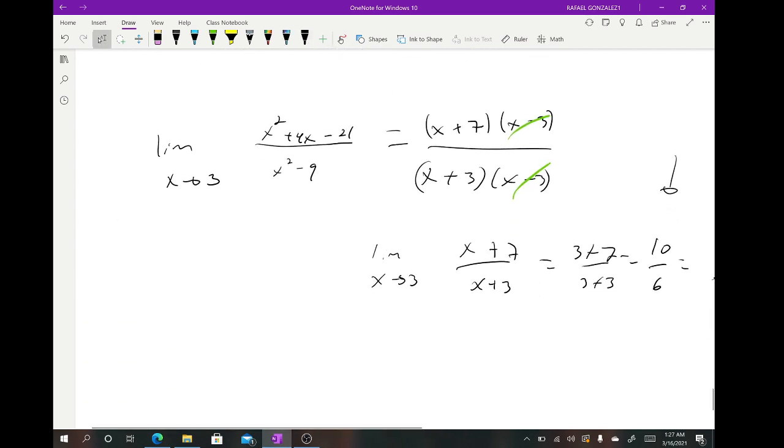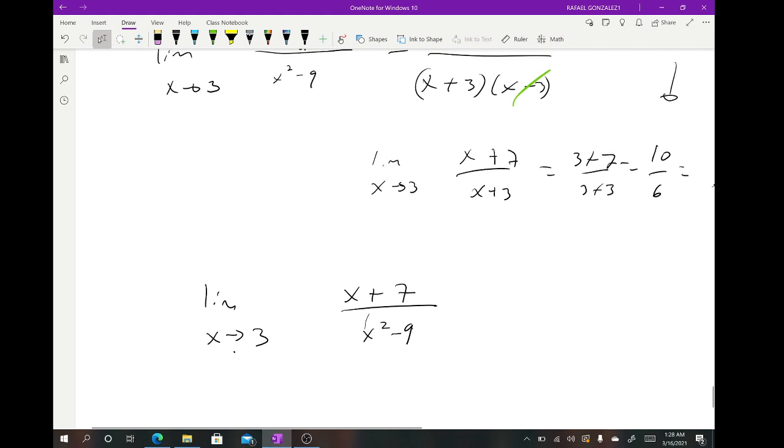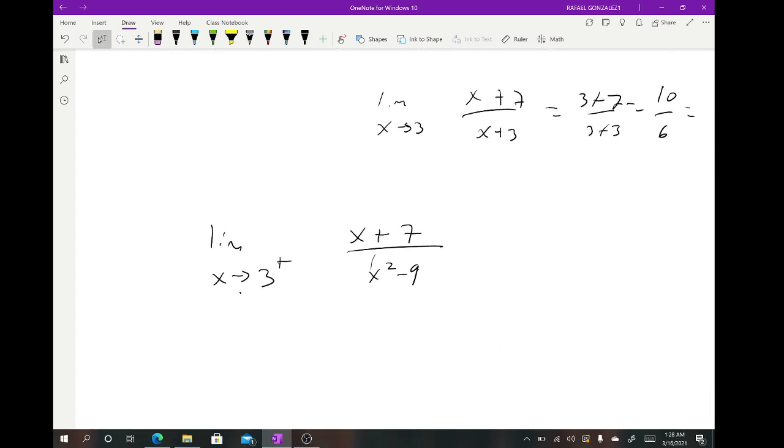Now if I gave it to you this other way, as the limit as x goes to 3, and instead of being that nice parabola, I just gave you x plus 7 divided by x squared minus 9 as x goes to 3, you cannot find this limit because that limit doesn't exist. Now, I could ask you for this limit from the right or from the left, but this particular limit is not going to exist because we have an asymptote at 3.